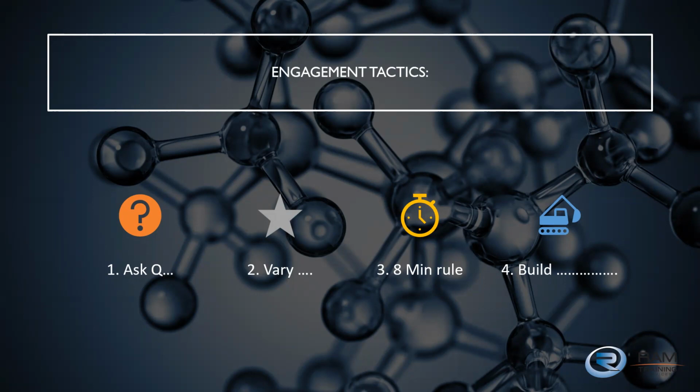Now, number 2 is vary teaching modalities, right? The success of your session and the success of your engagement comes back to how much variety you can create. So are you doing pair work? Are you doing individual work? Are you doing group work? Are you getting people to stand up and move around in your session? Are you getting different people to work with different people?